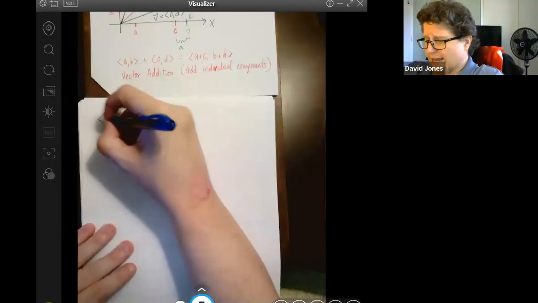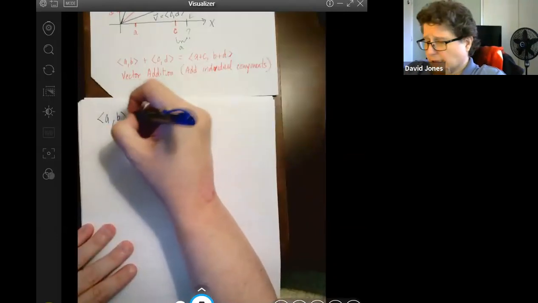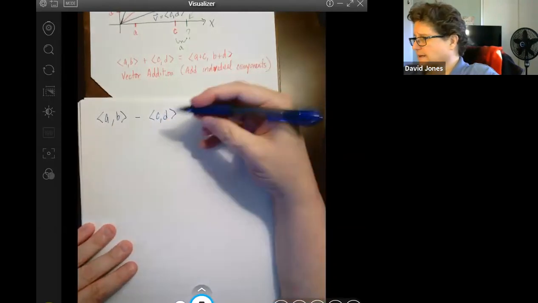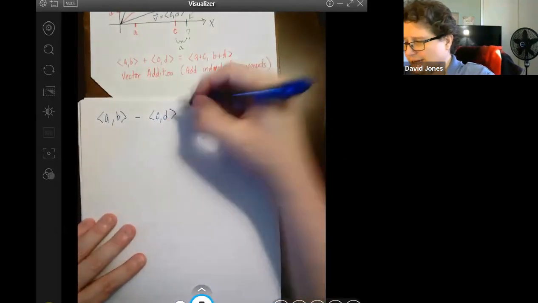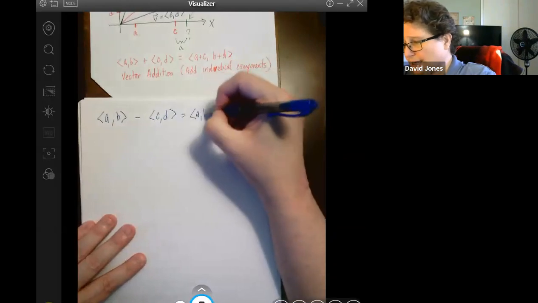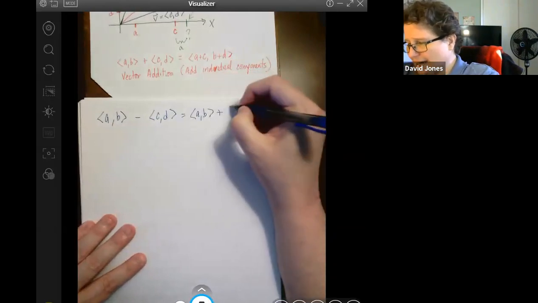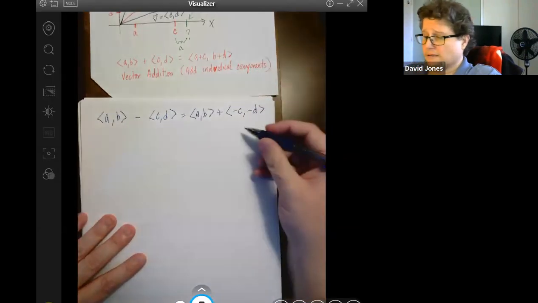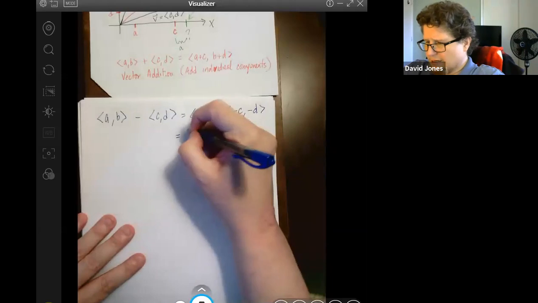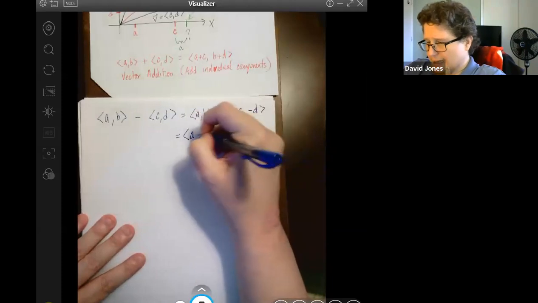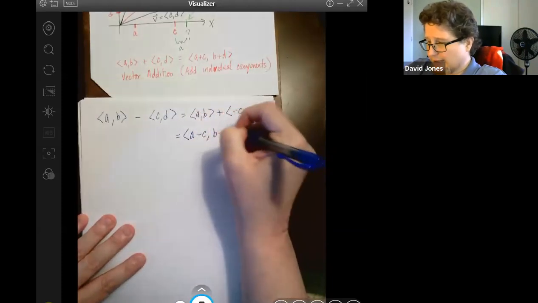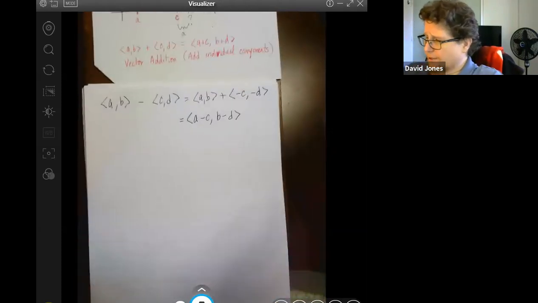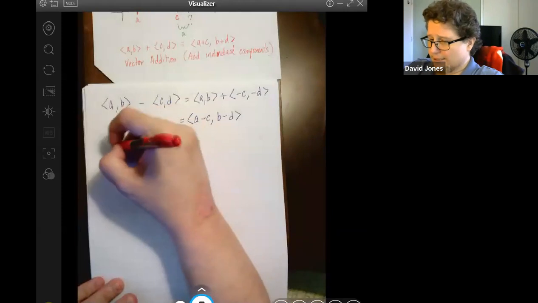If we have A comma B minus C comma D, this is the same thing as A comma B and adding the opposite vector. And we get A minus C, B minus D. So what we're doing is subtracting individual components.